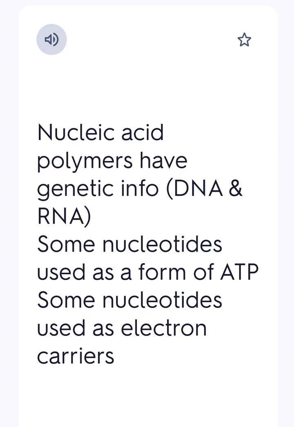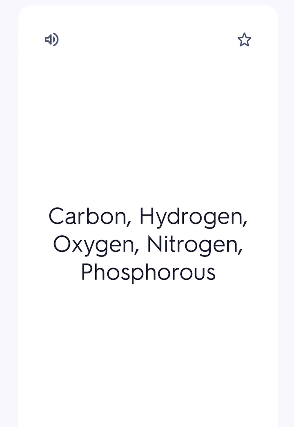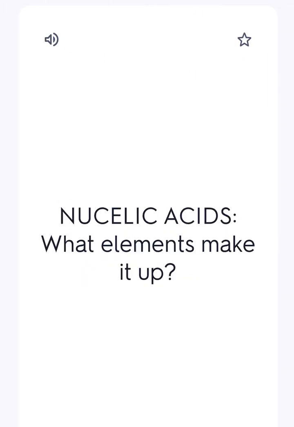Some nucleotides are used as a form of ATP, some nucleotides are used as electron carriers. What elements make it up? Carbon, hydrogen, oxygen, nitrogen, phosphorus.